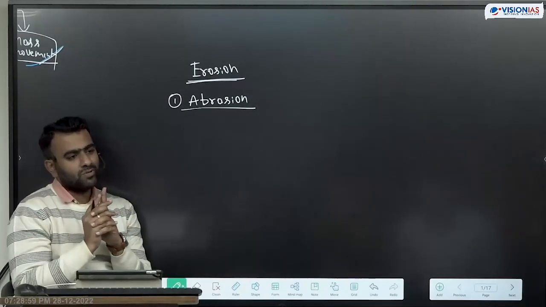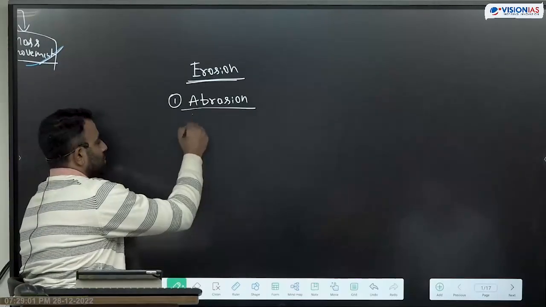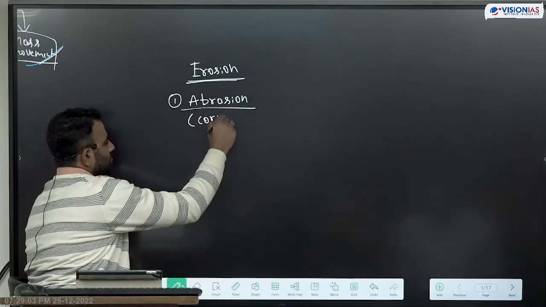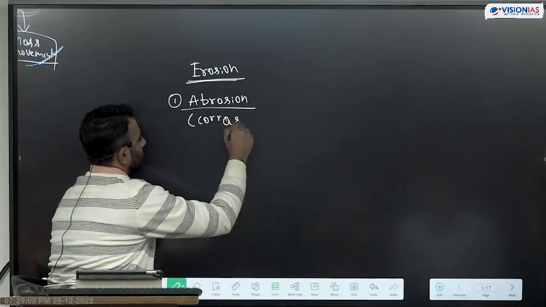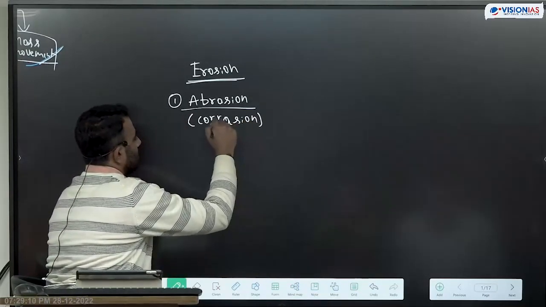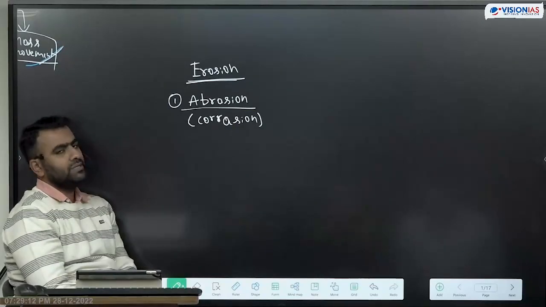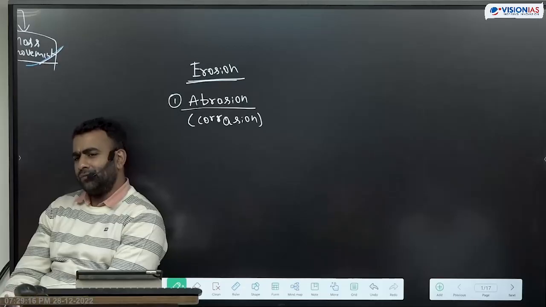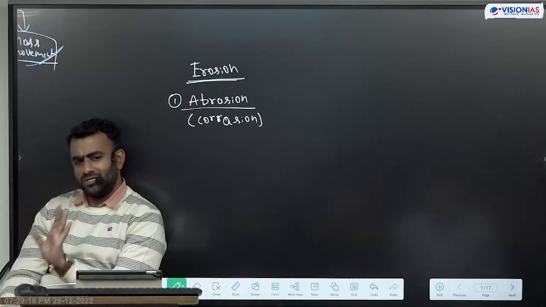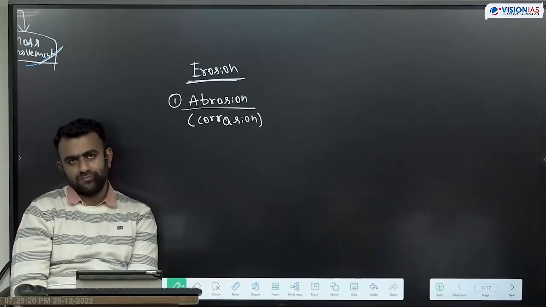Abrasion in water is called corrosion. Not corrosion, corrosion is different. Abrasion in water, that is water causing abrasion, is called corrasion.